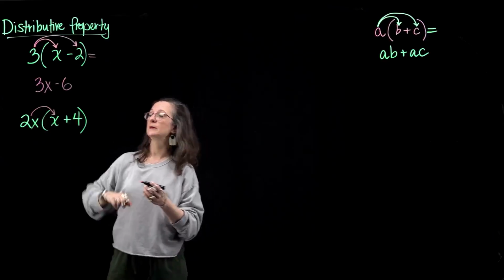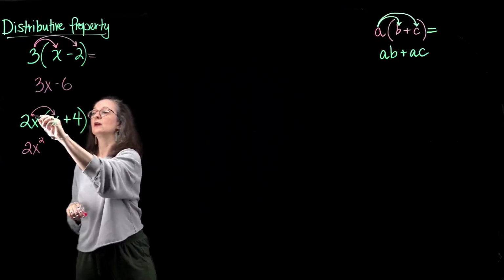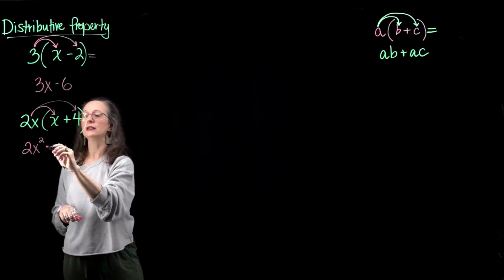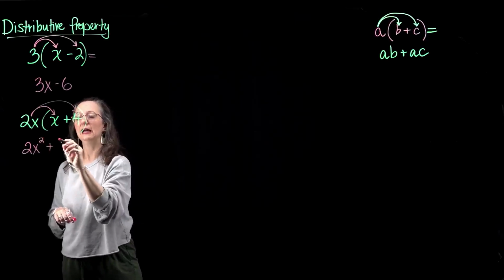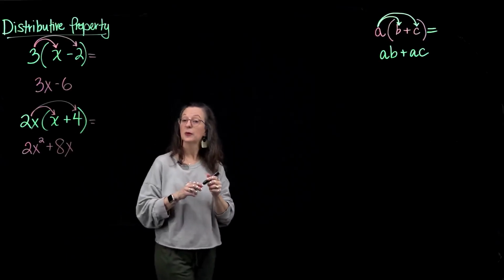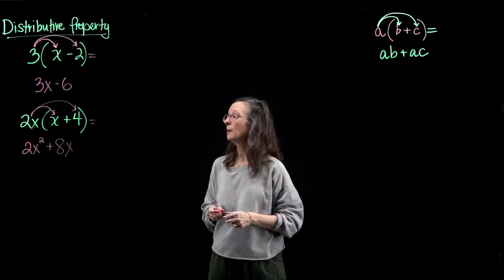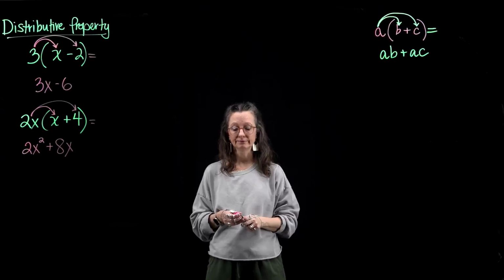So 2x times x will give me 2x squared. 2x times 4 is going to give me 8x. So 2x times parentheses x plus 4 would give me 2x squared plus 8x.